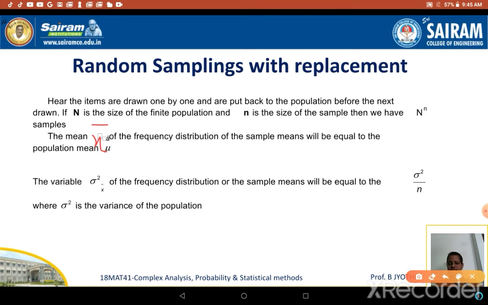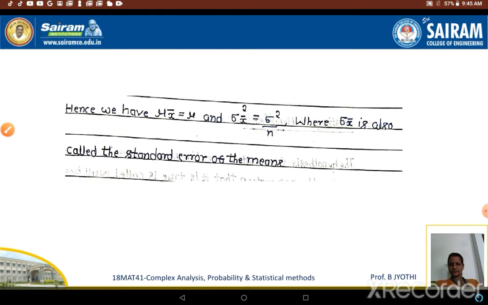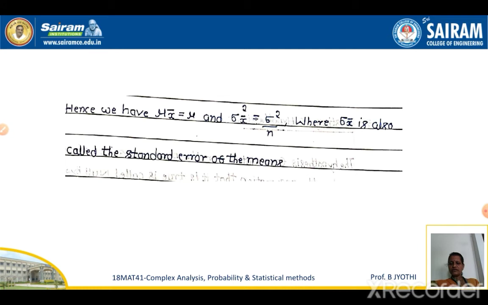The variance sigma squared x bar of the frequency distribution of the sample means will be equal to sigma squared by n, where sigma squared is the variance of the population. Hence we have mu x bar is mu, and sigma x bar squared is sigma squared by n, where sigma x bar is also called the standard error of the means.